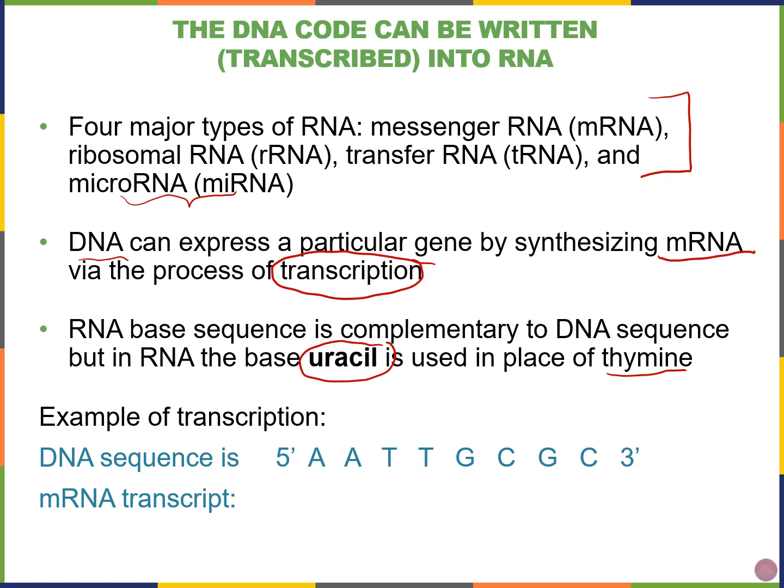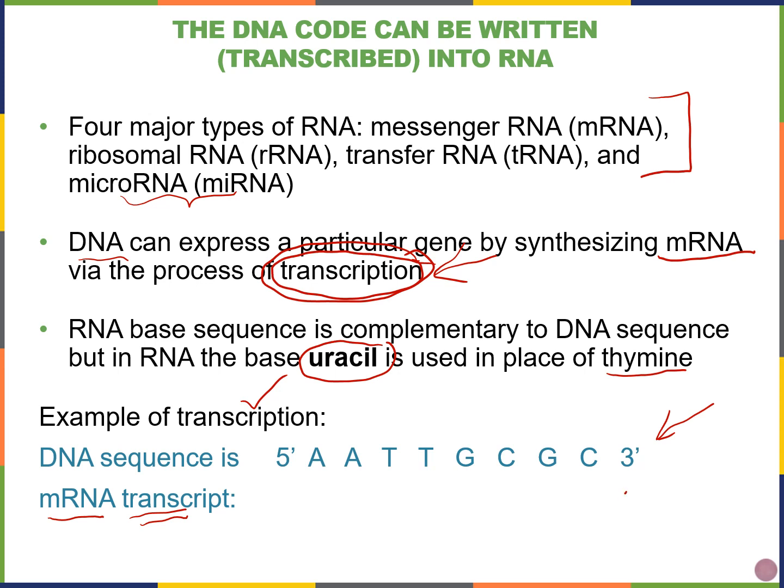So what do I mean by this? Let's say I want to go through the process of transcription right here. And I'm given my DNA sequence, one strand of my DNA. How do I figure out what my mRNA molecule is going to be? And sometimes we call it a transcript, which is your product of transcription. So just like before, we can only build from adding nucleotides to the 3' end.